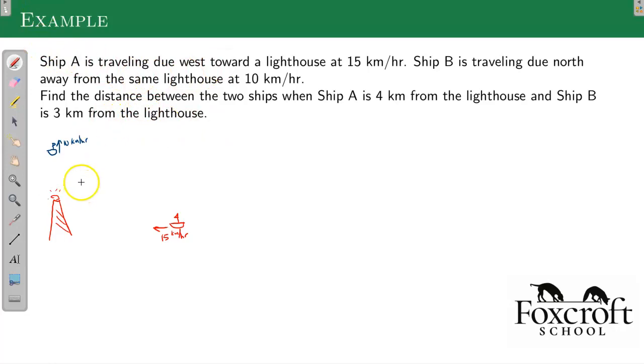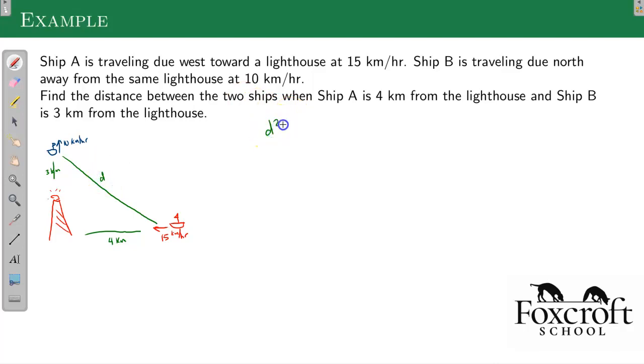So we're trying to find the distance between the two ships when ship A is 4 kilometers away and ship B is 3 kilometers away. By drawing a picture, I can already see that this is a right triangle problem. Let's call the distance d.